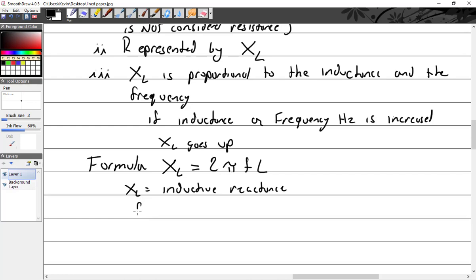What does that say, F L? F L. It's a little f. F equals frequency, which is in hertz, and L equals inductance.